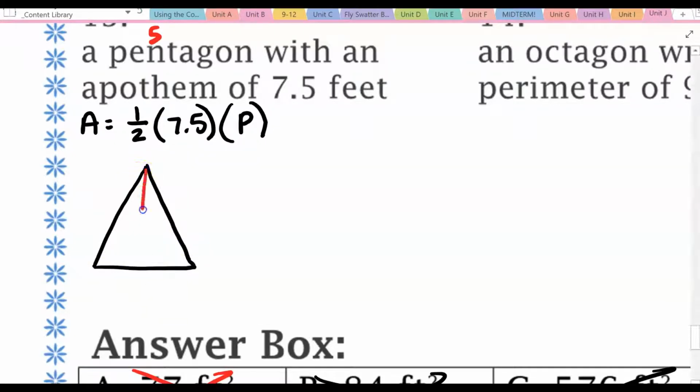I know my apothem is going straight down the center perpendicularly, and I know right now that it's worth 7.5. I know that if this apothem were inside of a circle worth 360 degrees, each one of the 5 central angles would be worth 72, but that really just means that each one of these is worth 36.